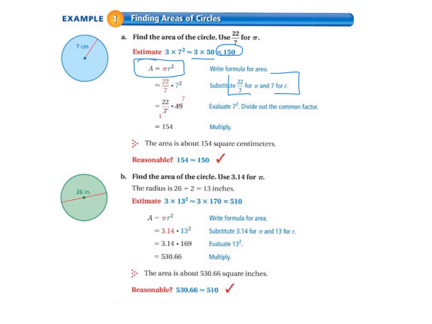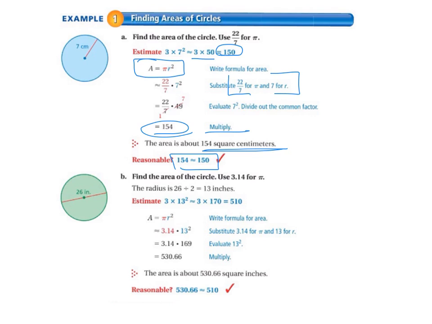So we have 22/7 times 49, and we cross cancel, so our 7 goes into itself once and into 49 7 times, and then we have 22 times 7, and that equals 154. So that's what happens after we multiply. And the area is about 154 square centimeters. And 154 is close to 150, so we know we did it right.